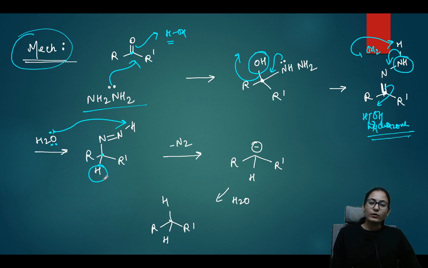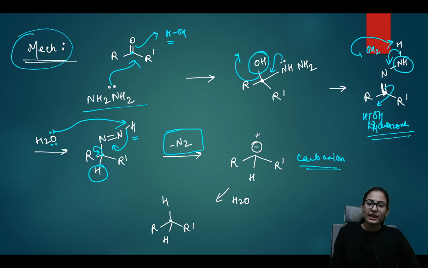Okay. Now also further you see that still on the terminal nitrogen there is one more hydrogen that you have, and this could be abstracted by water like this, so that you get a nitrogen-nitrogen triple bond, and the carbon-nitrogen bond opens up. This bond can open up to give you a very good leaving group, that is nitrogen, and a carbanion.